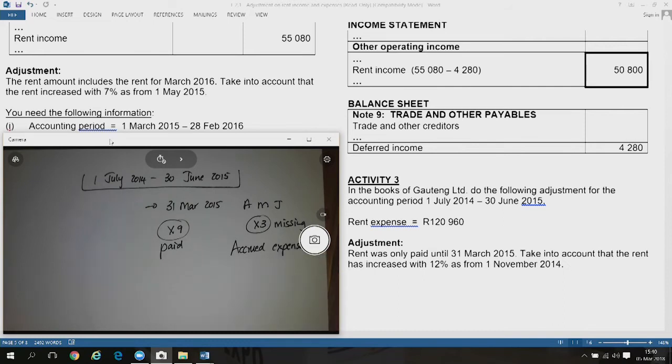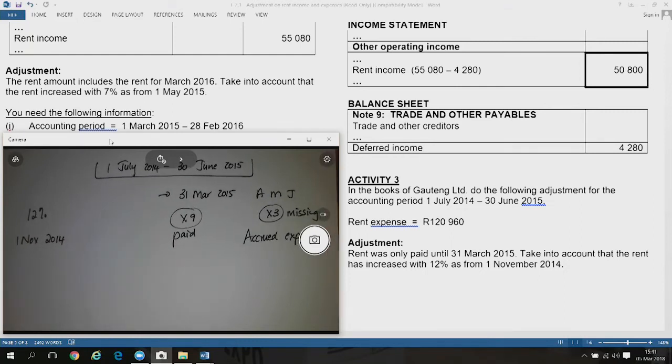Okay, let's read. Rent was paid until the 31st of March, taking into account that the rent increased with 12% on the 1st of November 2014. How many months before the increase? July, August, September, October. 4.